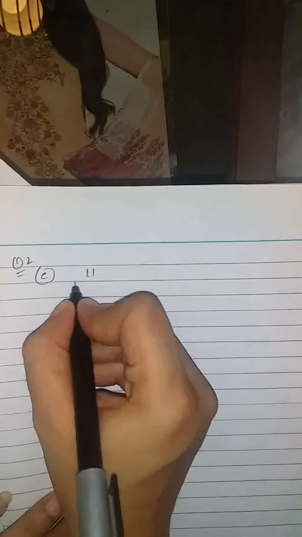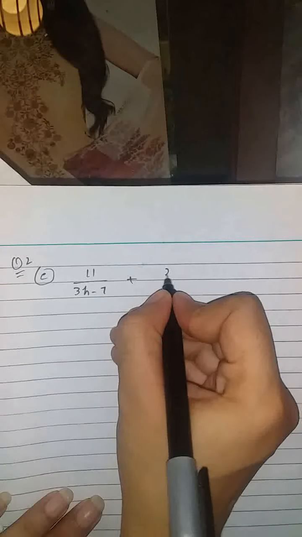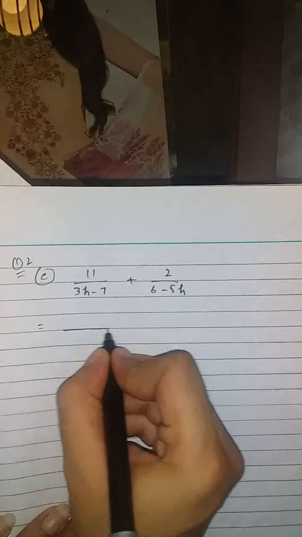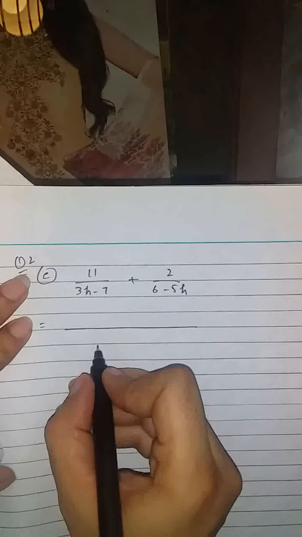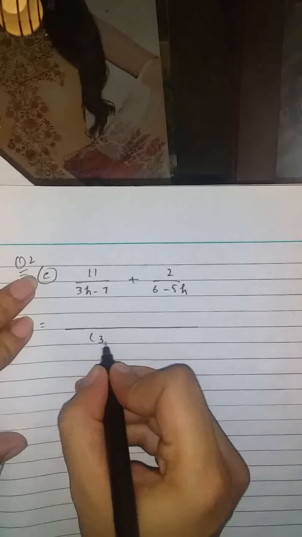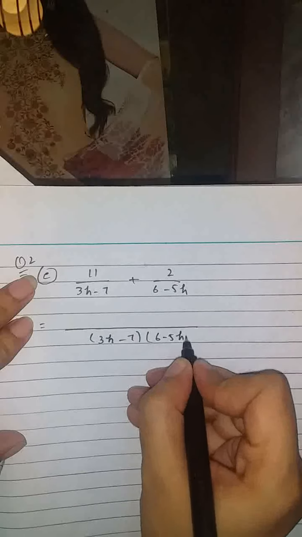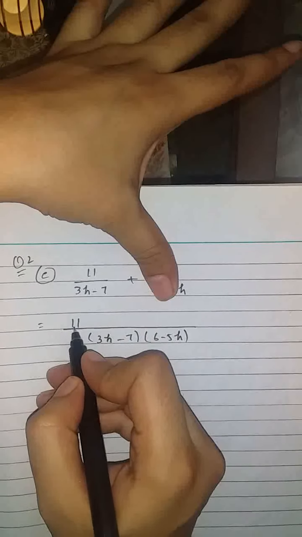E part is 11 divide by 3h minus 7, plus 2 into 6 minus 5h. These values are in the form of algebraic expressions, the numerators are algebraic expressions. That's why we can't take LCM, we just write it like this, 3h minus 7, 6 minus 5h. Got it? There is 11. Now come to the numerator, there is 11, that's why we write it here.